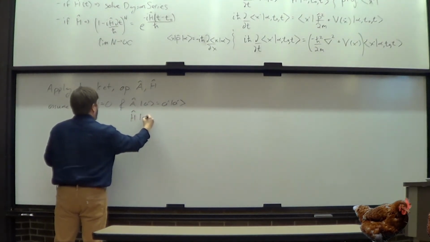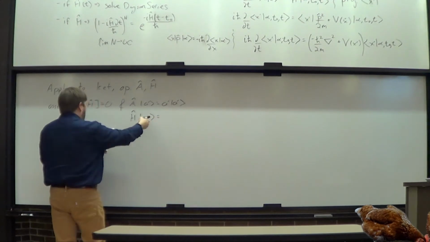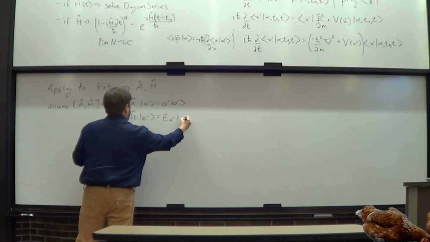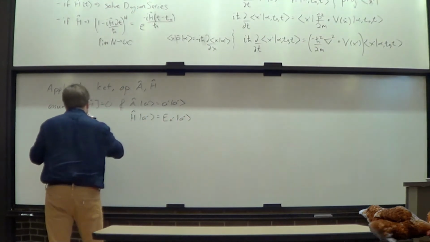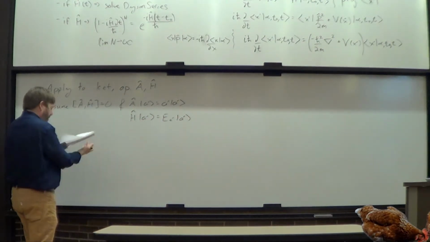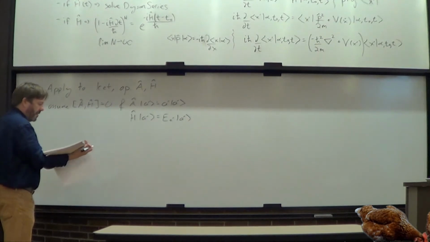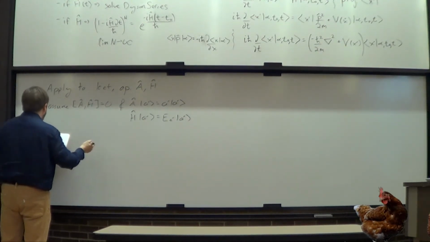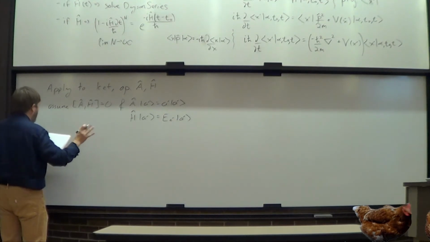So of course, the Hamiltonian operating on this A state gives the energy of that state times the state, right? That's the eigenvalue equation working out correctly. Okay, so this is another example.